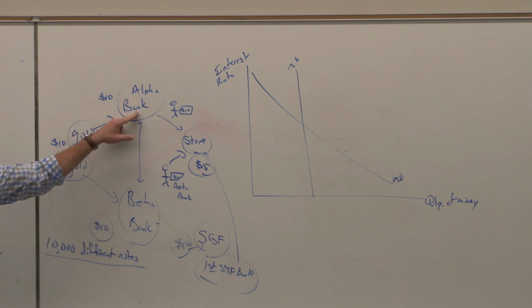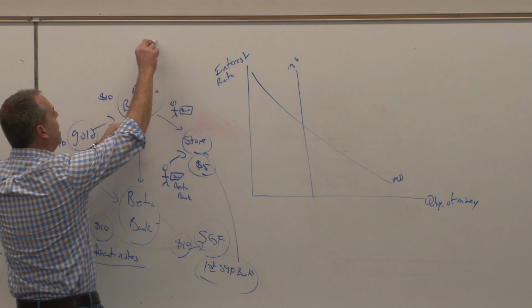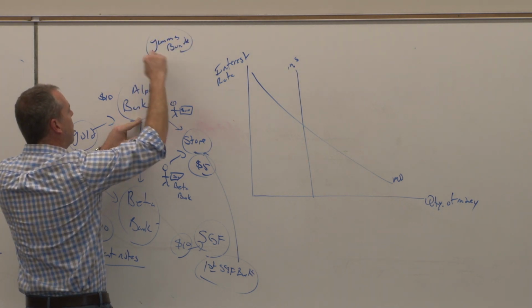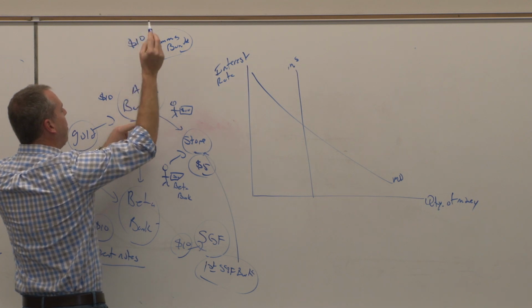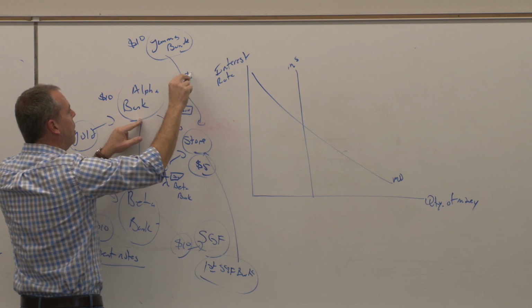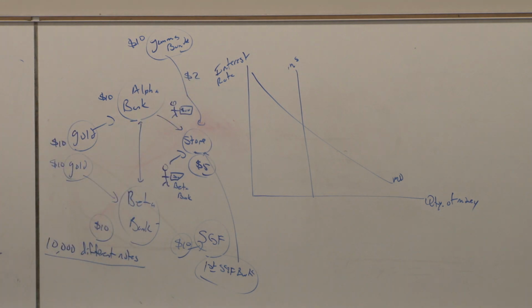He's going to give $8 for this one. Gamma Bank up here, which is way up in like northern Dakota, he'll give $2 for that $10 note. I mean, think about all the different transactions. You have no way of knowing what you're actually going to get with your money, right? A really high transactions cost.